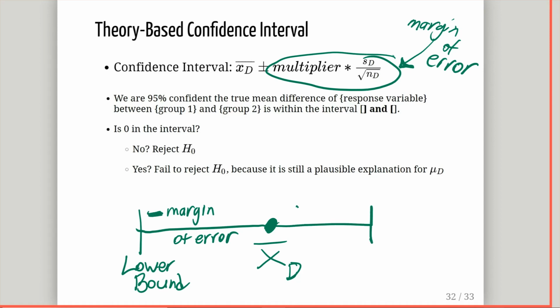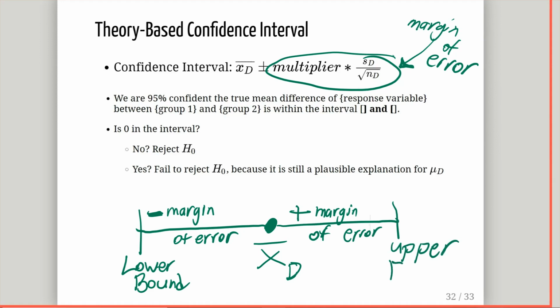Here's a minus margin of error on the left, and then a plus margin of error on the right. That's not really a symmetric confidence interval, is it? Okay, you plus the margin of error to get your upper bound. All of the values between the lower bound and the upper bound is your confidence interval.